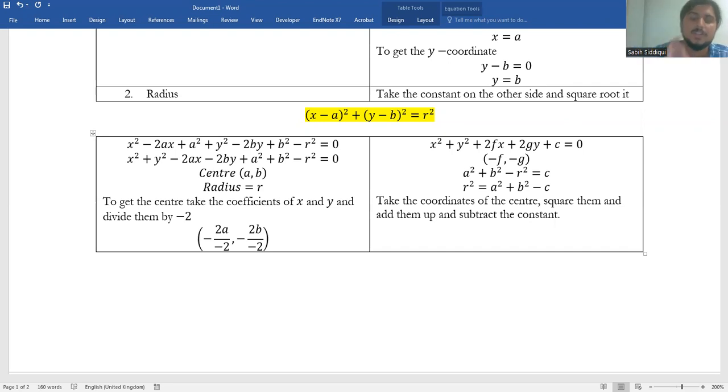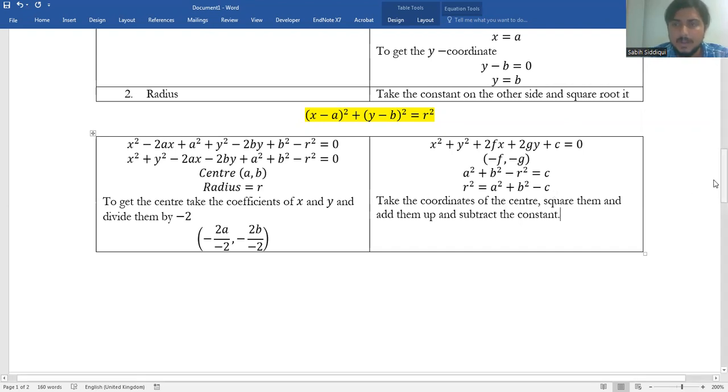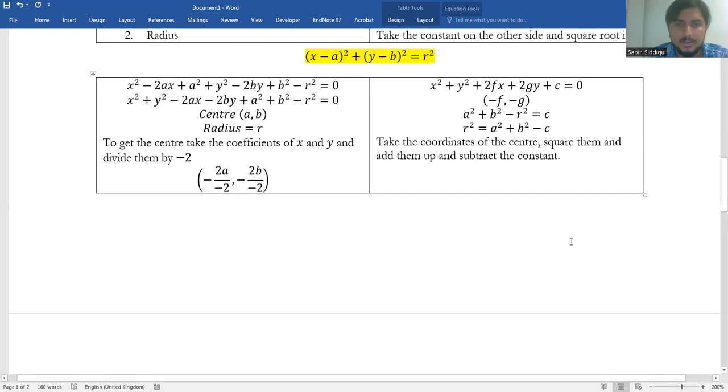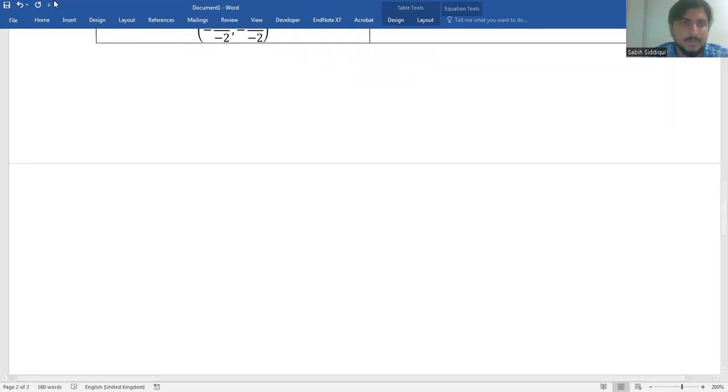These are the operations to get r². Then obviously we can take the square root of the entire thing and get our radius for the given equation. I hope this is clear. We'll go through a few examples of this as well.